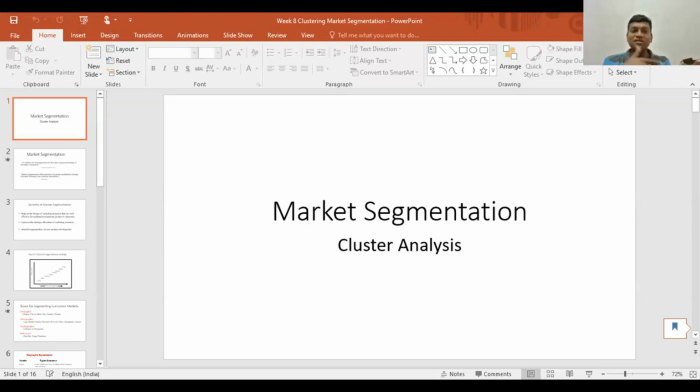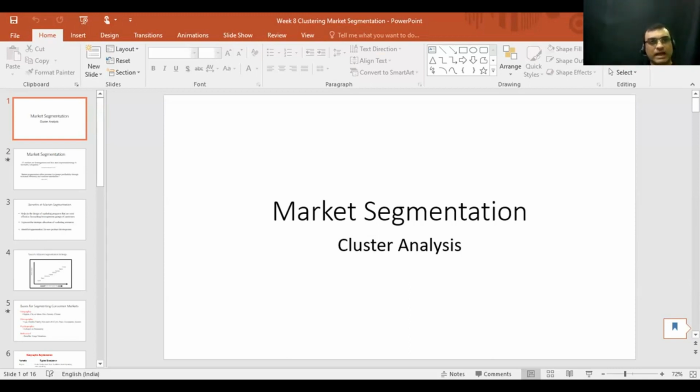Okay, but what is the logic and reasoning behind doing the segmentation? Different, separate segments, homogeneous customers. That way we can implement a limited number of strategies to cater to the whole market rather than having to target each individual person separately.